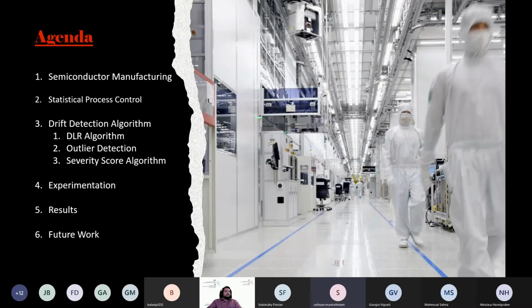Quick agenda for today. I want to set the stage, understanding the semiconductor manufacturing process and the problems that we face in this highly sophisticated manufacturing process. Most often, the industry operates in a primitive way of monitoring this equipment using statistical process control, or in short form, SPC limits.